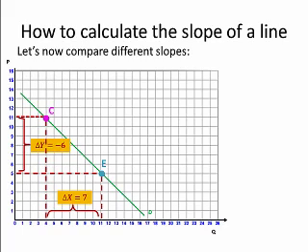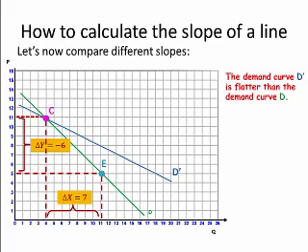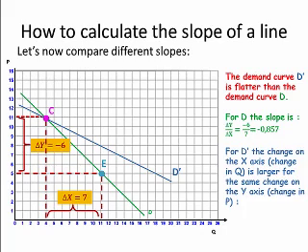Let's now compare different slopes. The demand curve D accent is flatter than the demand curve D. For D, the slope that we calculated is minus 0,857.